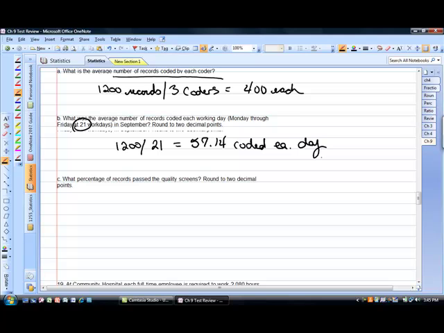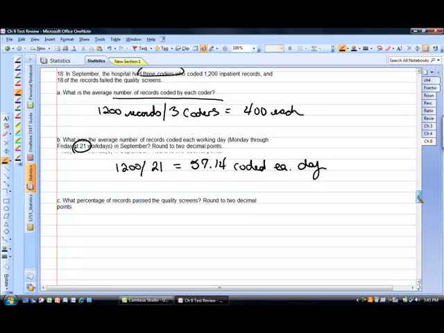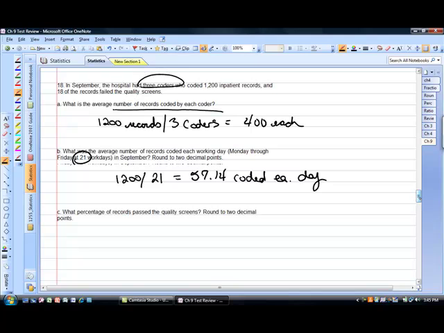Percentage of records that passed the quality screens. We want to know how many passed the quality screen. We know that 18 failed the quality screen, and we want to know what percentage passed. So what we need to do is subtract 18 from our 1,200, and we get 1,182 that passed the quality screen.